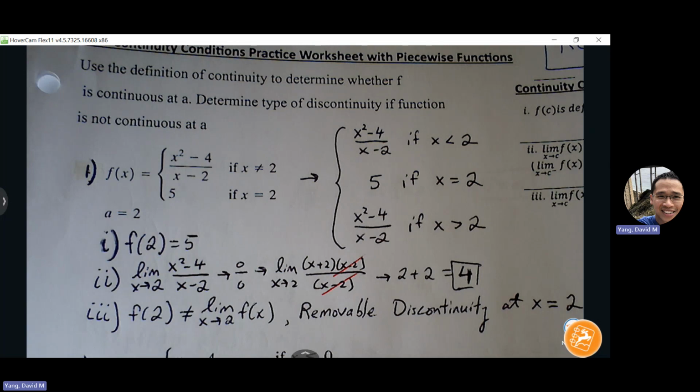One-sided limit for the left of 2, one-sided limit for the right of 2. But you're working with the same expression. So if you did one-sided limits, you would end up with the same result as if you just did the limit one time. So there's no need to do one-sided limits because you're working on the same problem and it's a redundant step. We only need to do one-sided limits if your less than and greater than pieces show different expressions. But here, it's the same expression on both sides.